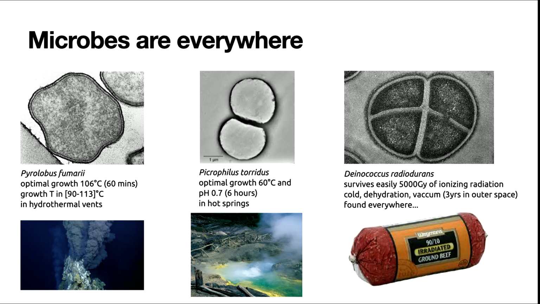So they isolated these, and they found these bacteria that can survive extreme doses of radiation. And this one is basically a super bacteria, in the sense that it can survive extreme cold, dehydration, and 3 years in outer space. So you can do whatever, and then you put it back and it can grow again.